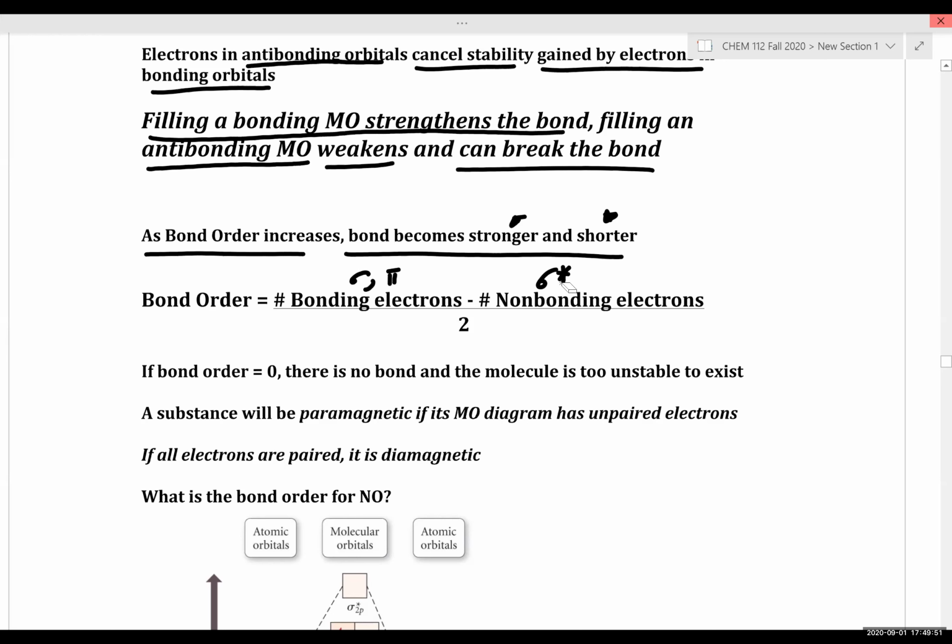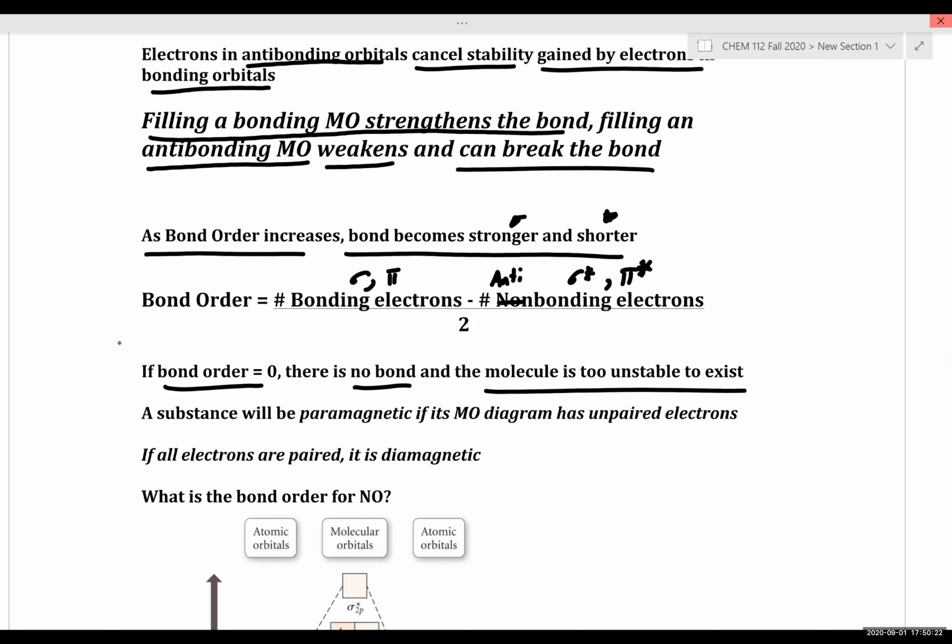Well, let's be a little bit more precise here. I prefer for you to think of it not just as non-bonding, but the anti-bonding electrons, the sigma star and pi star orbital electrons. So if the bond order is equal to 0, there's no bond and the molecule is likely not stable enough to exist.